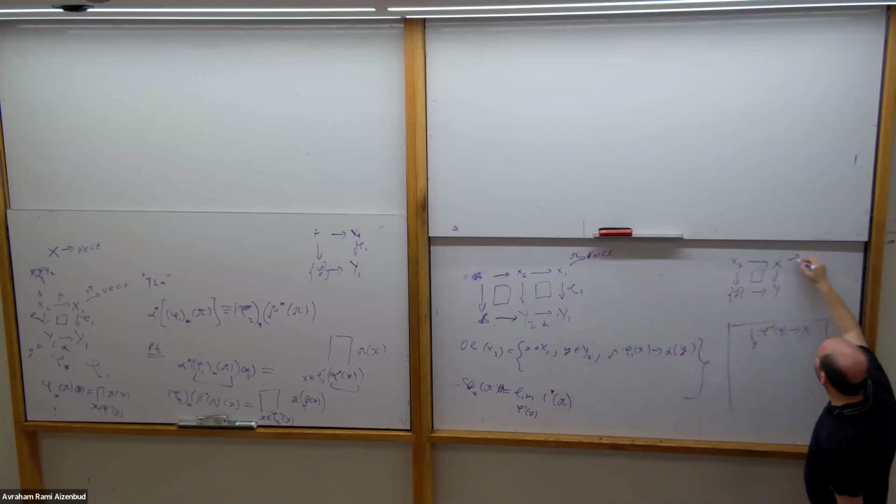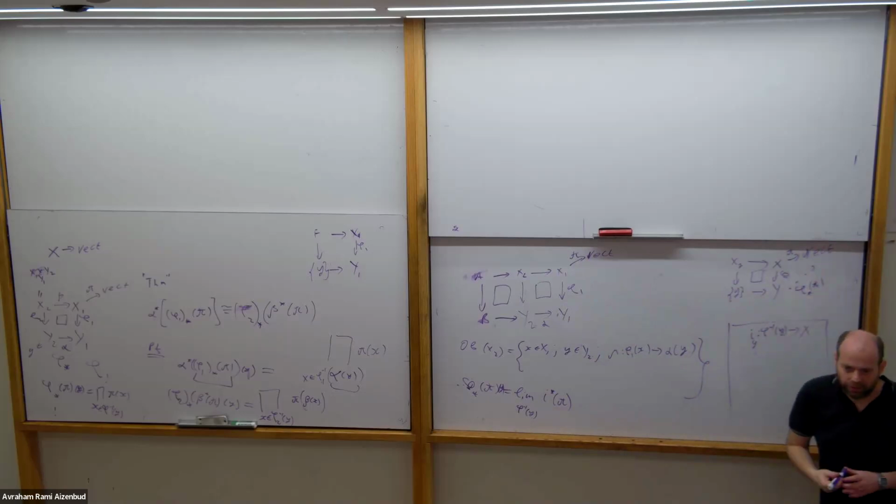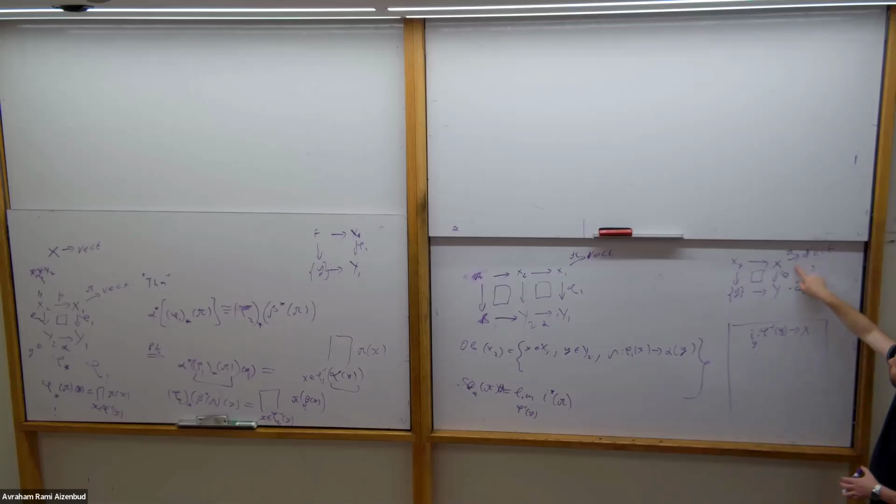We have pi here, and we want to kind of extend it, it's not really an extension, to a functor defined from Y. This is my phi, so we extend this functor to a functor, not really extend, but construct the functor here based on this functor. This is called the Kan extension of pi along phi.